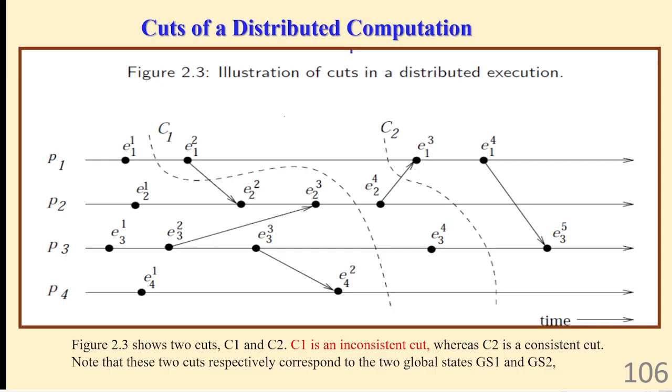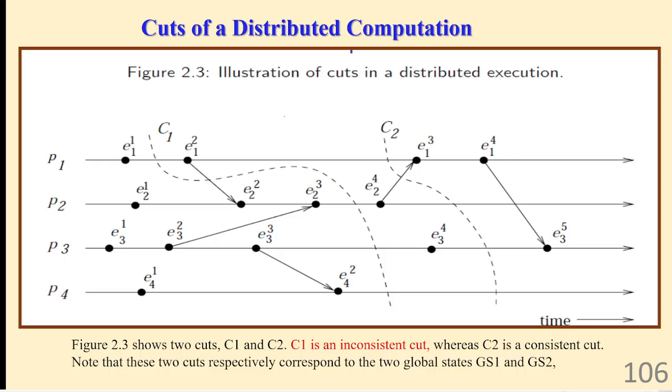It is a consistent cut. Then look at process P3, event 3 of process P3 is moving to event 2 of process P4. Both are on the left side of the cut, so they are also consistent.